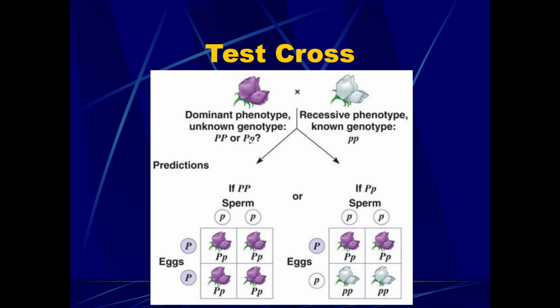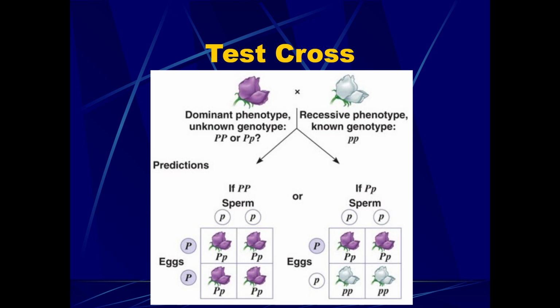case, cross them, and if all of the offspring are purple versus only half purple and the other half white, or you could say if all of the offspring show the dominant trait versus only some of the offspring in a 1-to-1 ratio showing dominant versus recessive, then you'd have your answer.